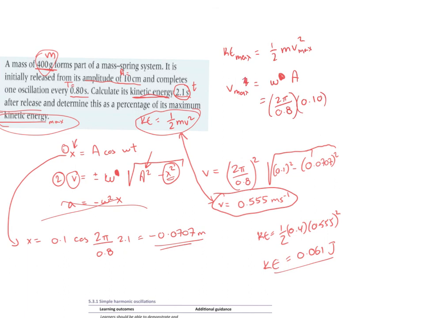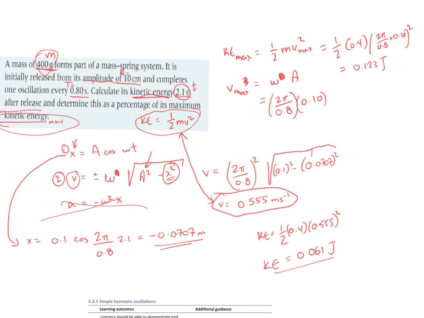Don't know why I wrote v squared there. So then you just place the values in, and that comes up to be 0.123 joules.